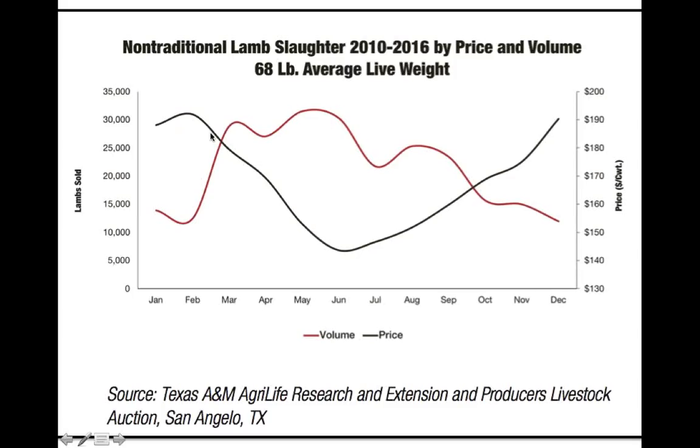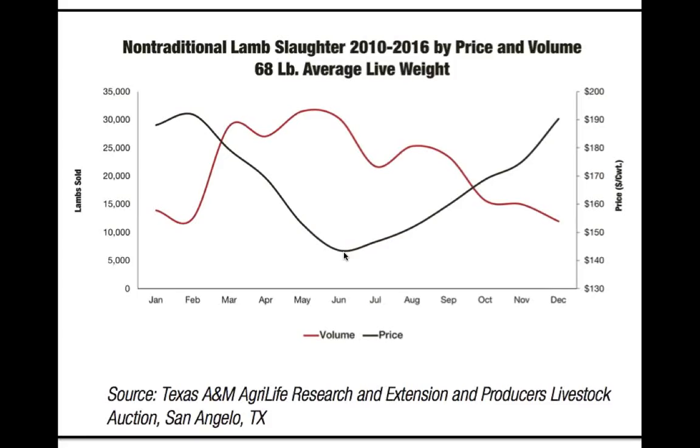As such, it really depresses the market, and so some of our producers are seeing lambs being sold at or around $2 a pound in January and February, and then a few short months later in June and July, the market's dropped to less than $1.50 a pound.